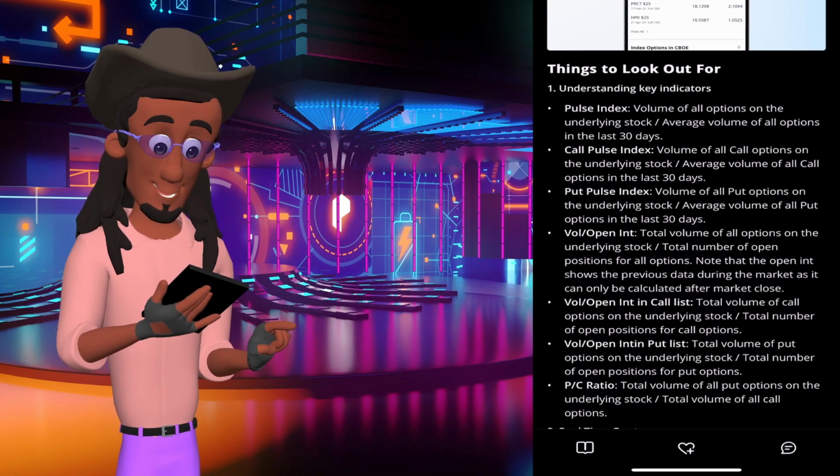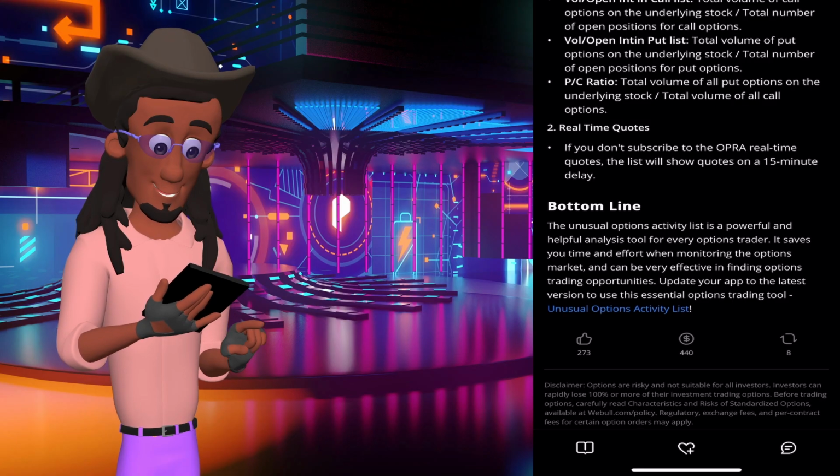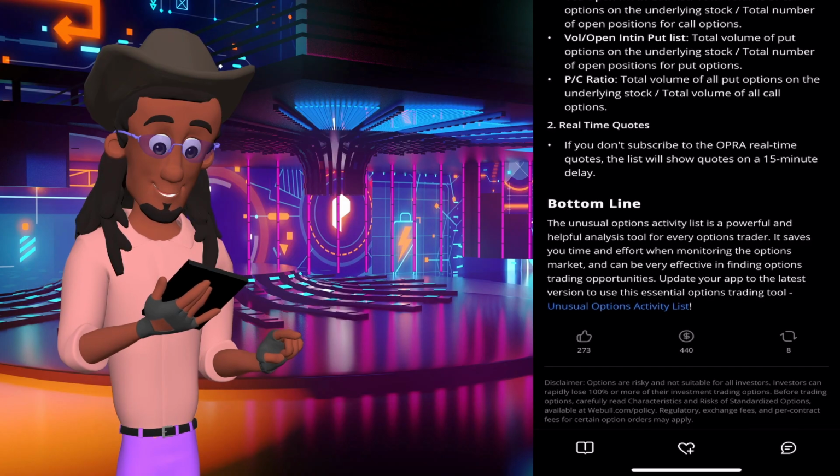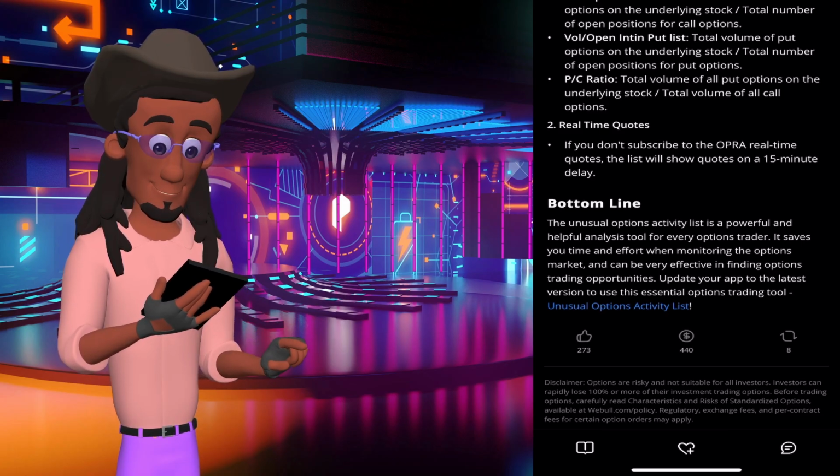All right, so keep that in mind. We're looking for things that are happening outside of the average. Oversold, overbought, outside of the average. The average is a crucial indicator all across the stock market, regardless of the strategy that you use.